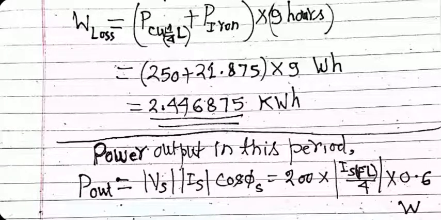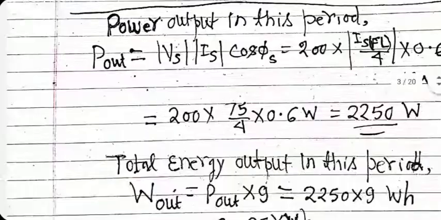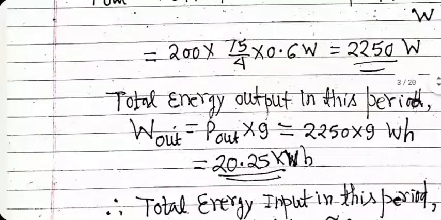The power output in this 9-hour period is 2250 watt. You multiply it by 9 to get watt hour and then convert it to kilowatt hour. So the energy out, I am denoting energy by W. Some people do it by E, which is fine.